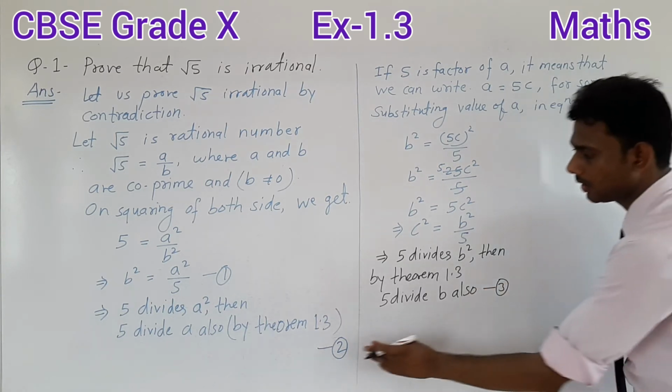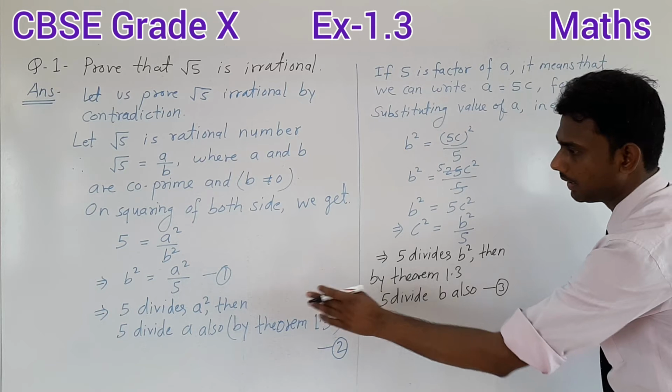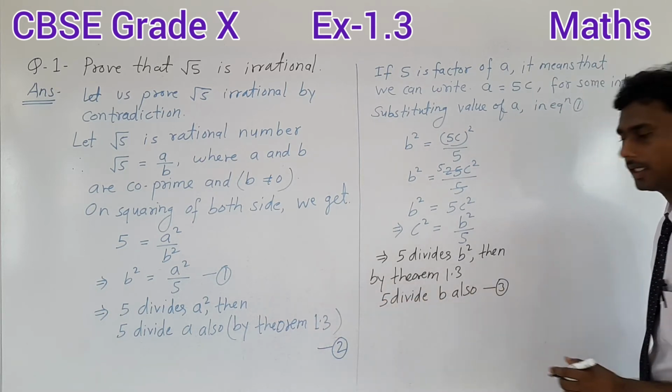From equation 2 and 3, 5 divides a and 5 divides b.